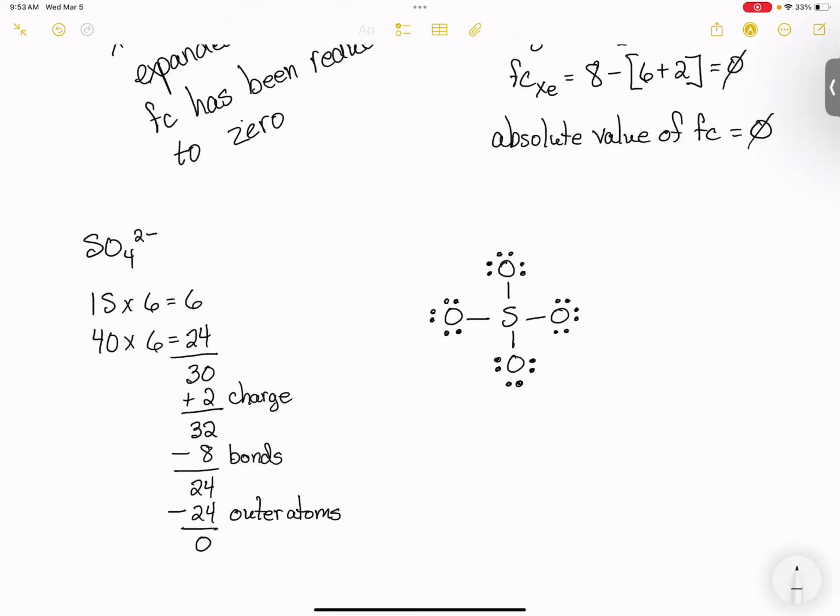And we hit 0. When you hit 0, if you need to alter this structure in any way, you have to manipulate what is there. You cannot give it extra bonds. You cannot give it extra dots. You can only manipulate what is there.